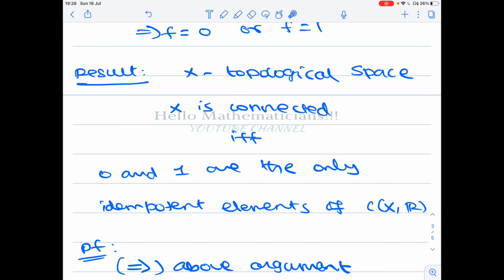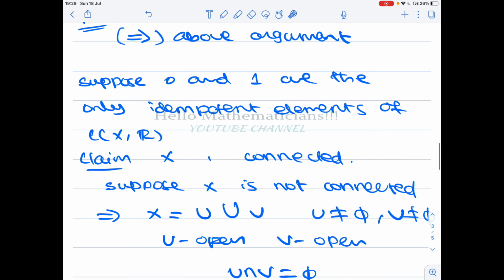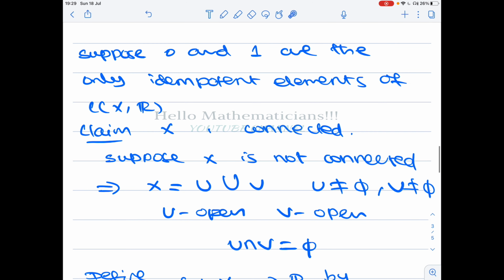Suppose 0 and 1 are the only idempotent elements of C(X, R). We have to prove that X is connected. So, we will prove by method of contradiction. We assume that X is not connected, then we construct an idempotent element different from 0 and 1. That is the idea. So, we claim that X is connected.